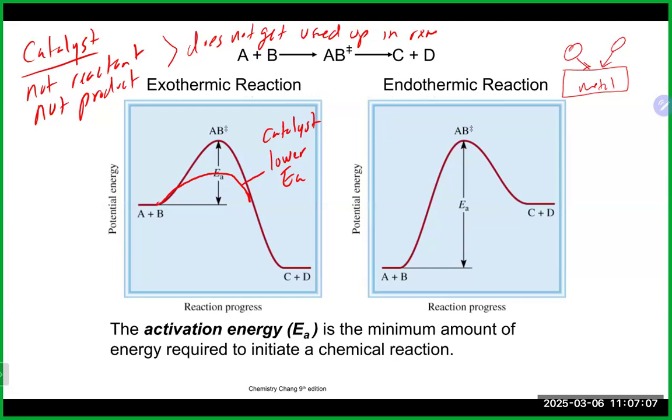A catalyst that increases the rate of reaction is sometimes referred to as a positive catalyst because it's increasing the rate. And a catalyst that slows down a reaction is referred to as a negative catalyst. So it keeps it under control, to an extent. If you think about nuclear chemistry, for example, in a fission reaction, neutrons basically feed the reaction.